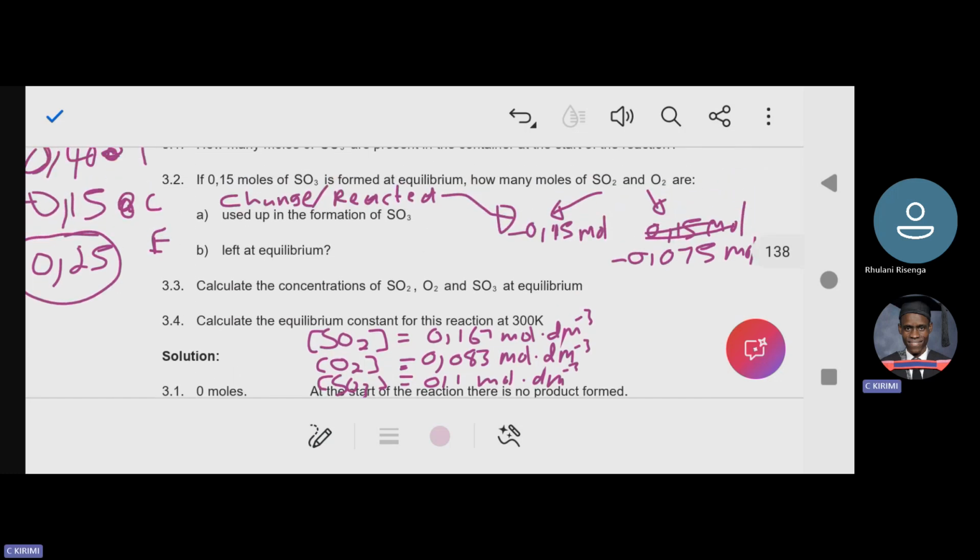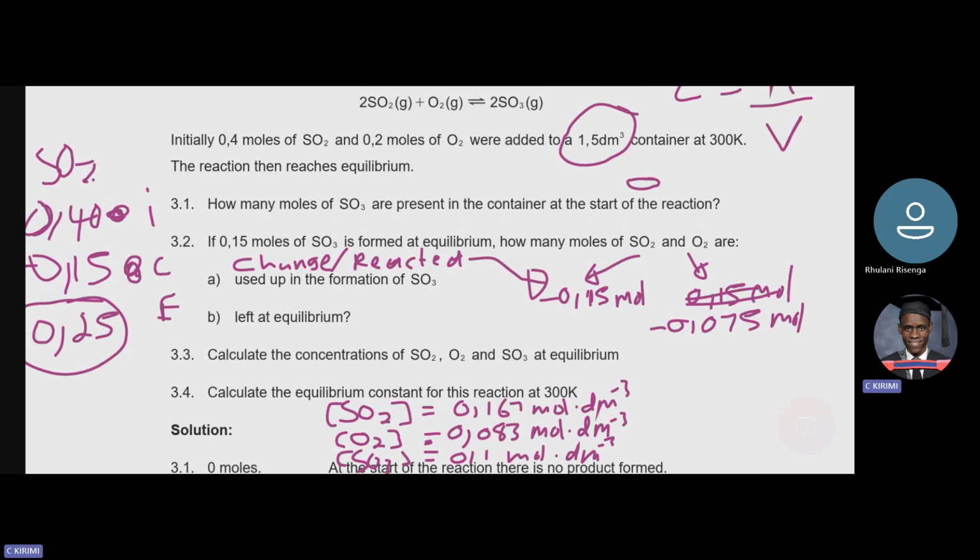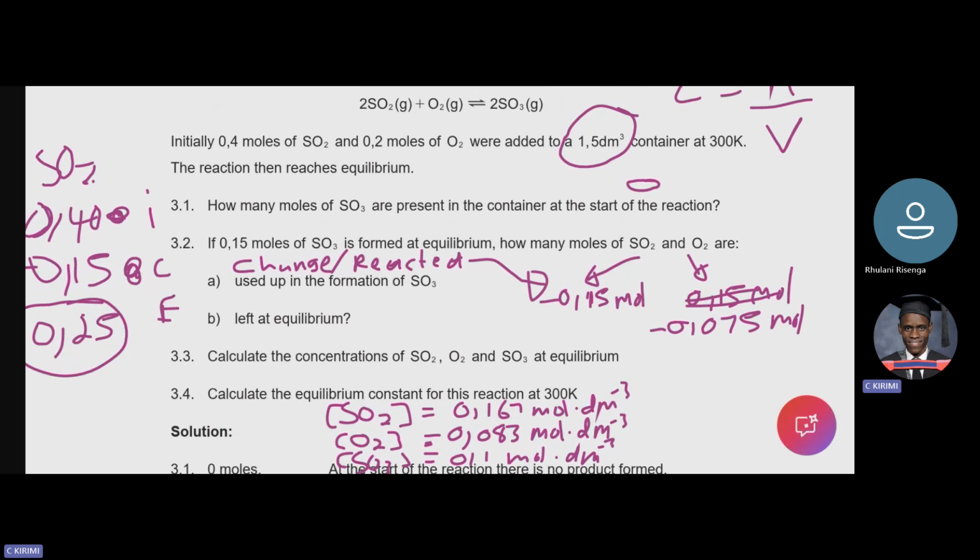So using this information, let's calculate the Kc. You have your formula, your equation, and your values; that is the equation on top. Let's calculate the Kc.